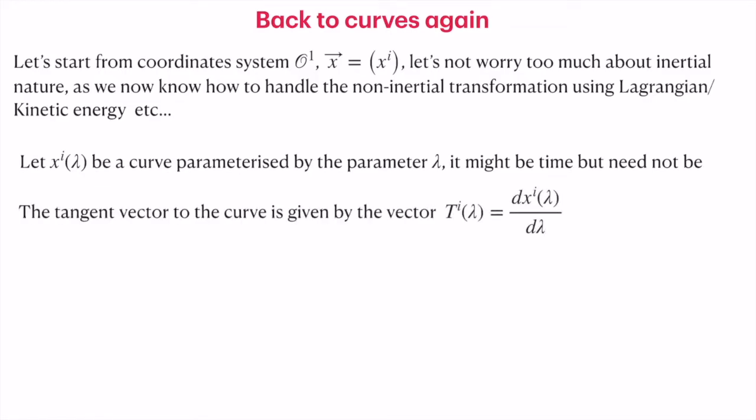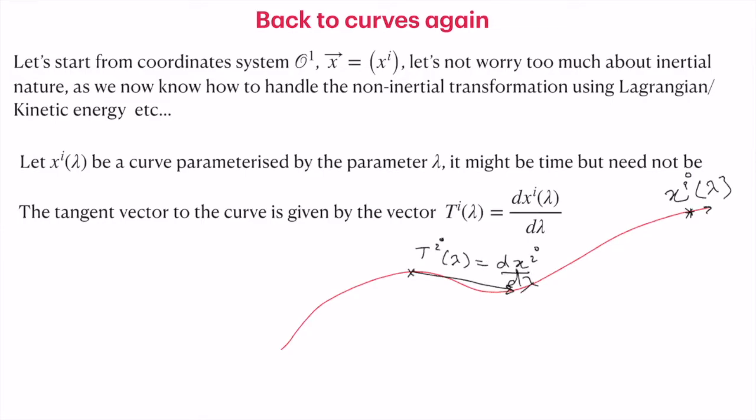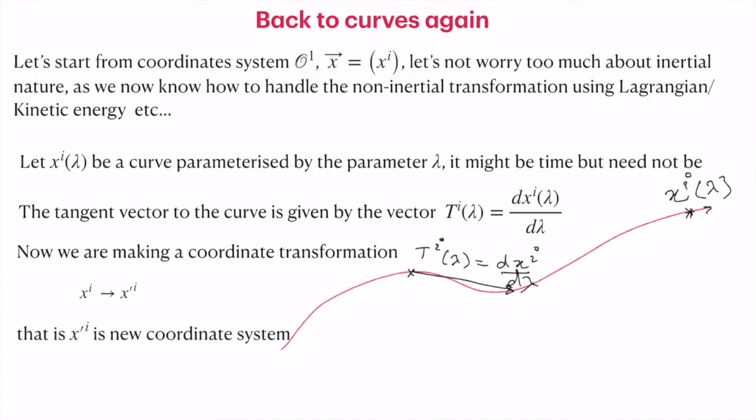Now we know that the tangent vector for this curve with respect to the parameter lambda is given as t^i is equal to dx^i by d lambda. So this is the tangent vector. We have a curve, which is the coordinate x^i parameterized by lambda, and then we have a tangent vector, which is dx^i by d lambda. Now our main interest is how the tangent vector behaves under coordinate transformation. That is, we do a coordinate transformation from x^i to x prime i.